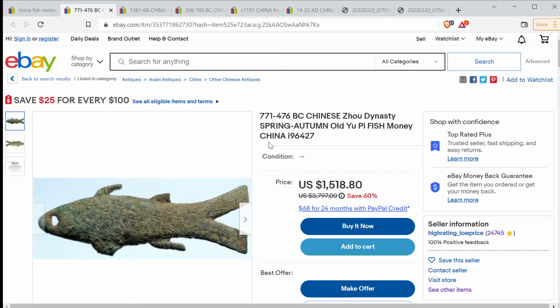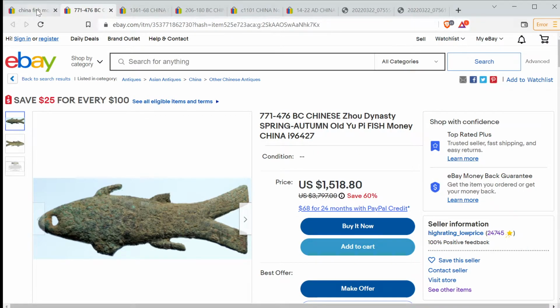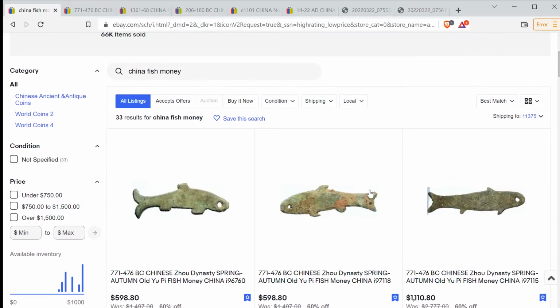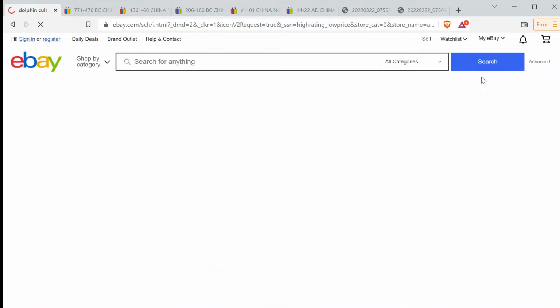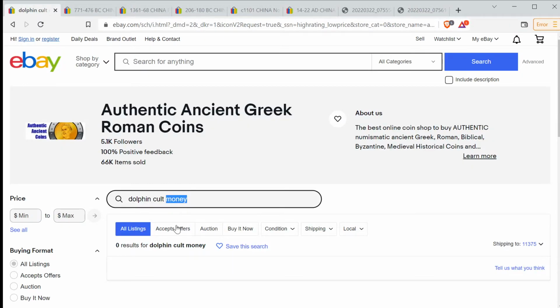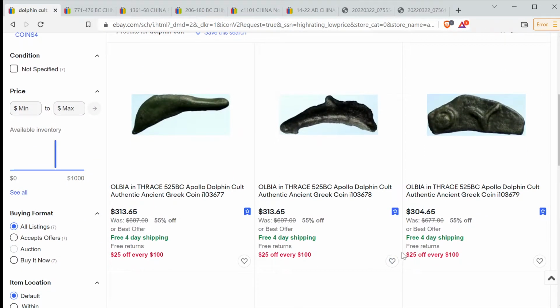That's really cool. So for the ancient coin collectors out there, what's interesting is that they weren't the only ones using fish tokens. Let me show you, for example, dolphin cult money. Dolphin, right here.